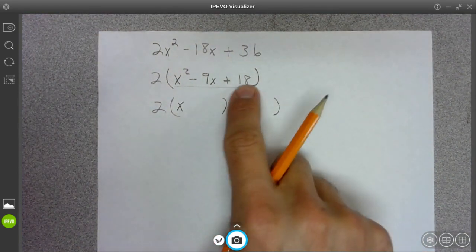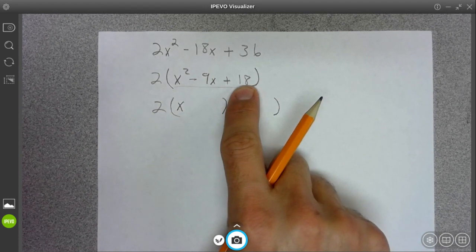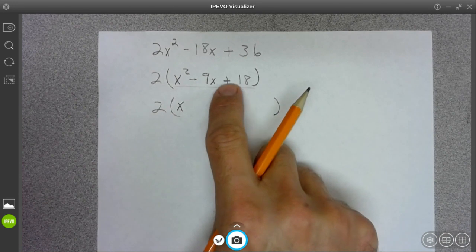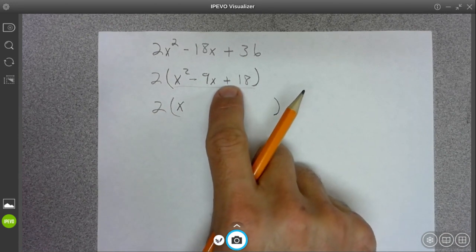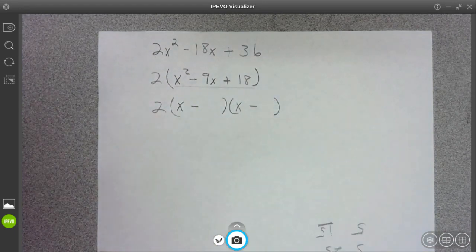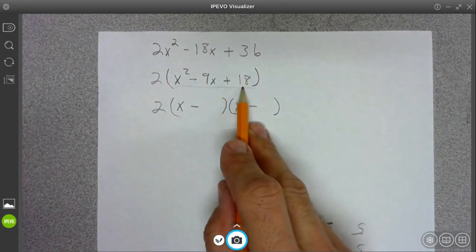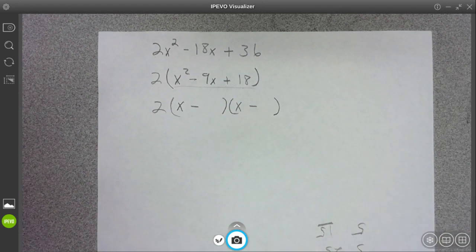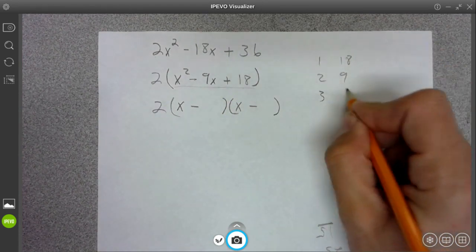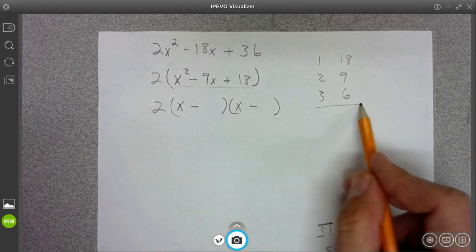Let's see, 2 numbers that multiply to 18 and add up to 9. This tells us same signs, and that they're both negative. So 2 numbers that multiply to 18 and add up to 9. 1 and 18, 2 and 9, 3 and 6, right there.